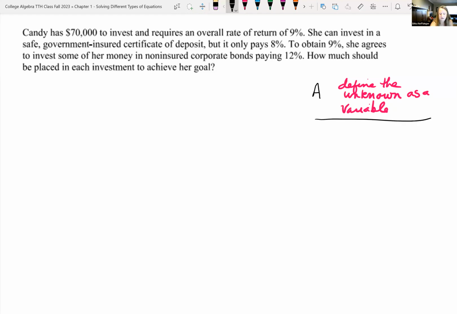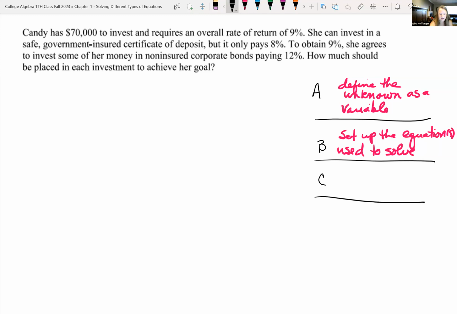Part B, you're going to set up the equation or equations used to solve. And then part C, answer the question. And with word problems, you usually are going to have some sort of a unit.